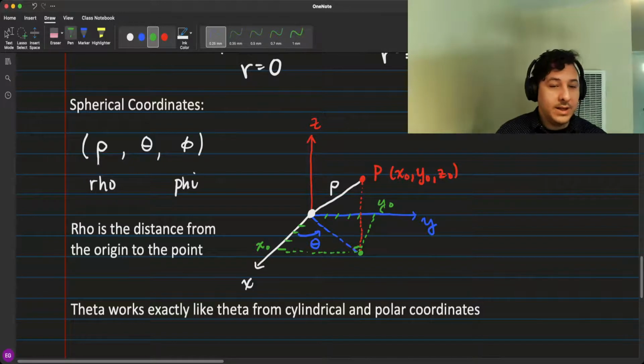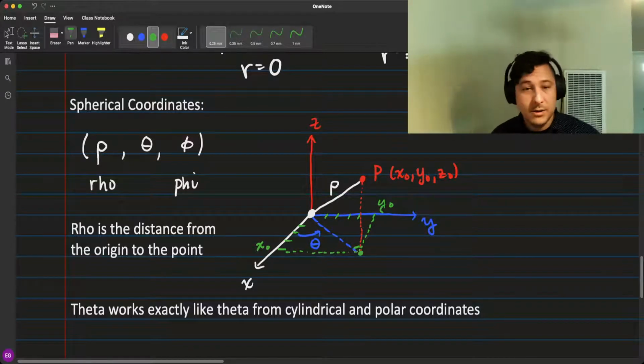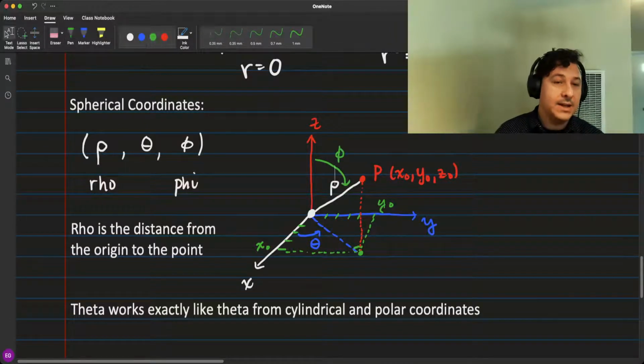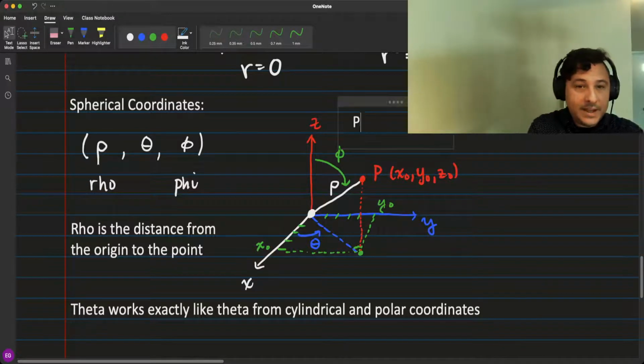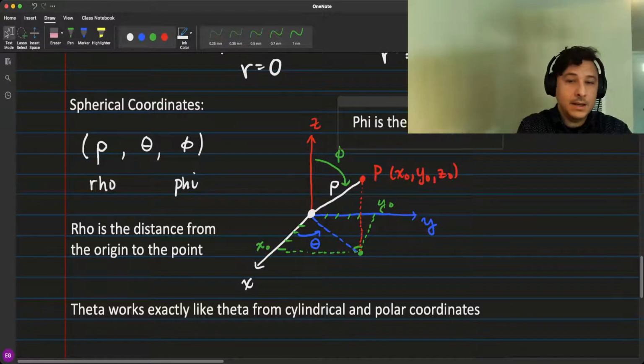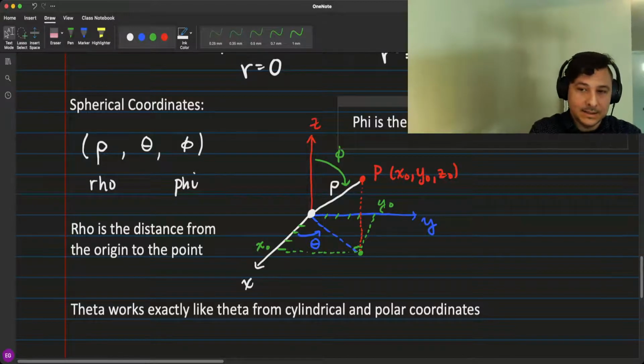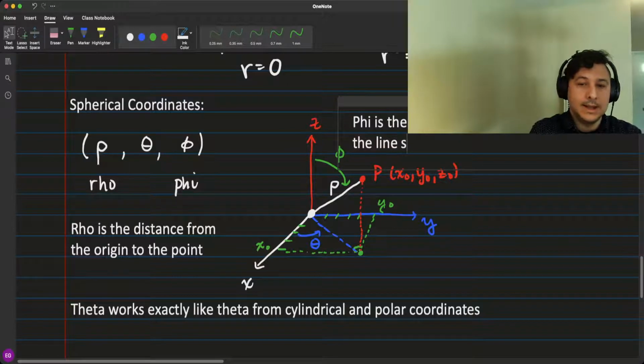Now, the weird thing here is that we're going to have another angle. My other angle, phi, is the angle formed by the z-axis and the line segment from the origin to the point.